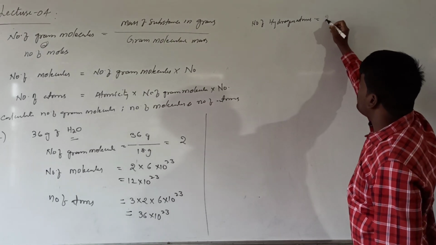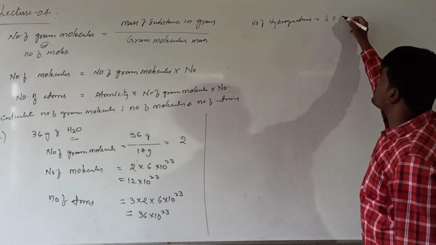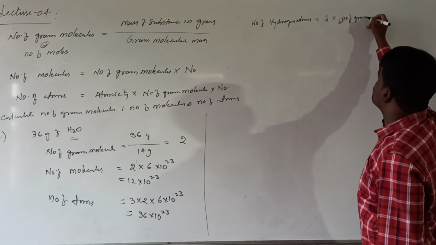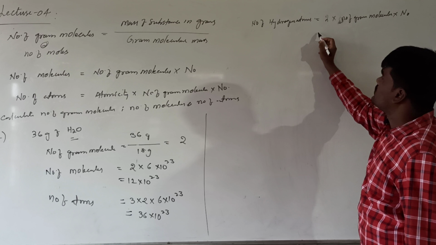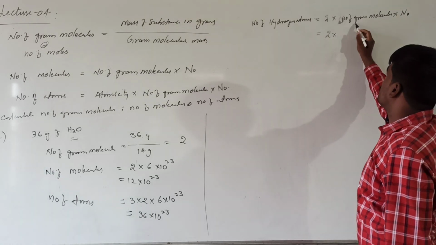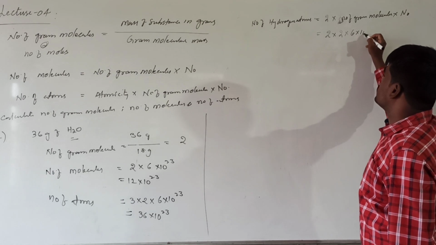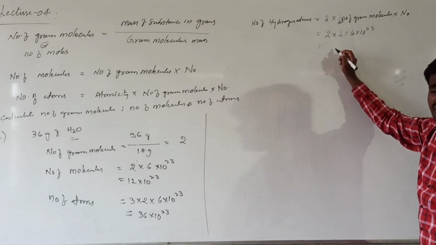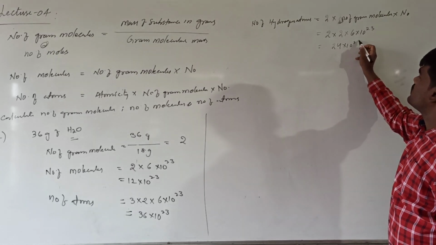So, number of hydrogen atoms in one molecule of water into number of gram molecules into Avogadro number. So, 2 into how many gram molecules? 2. And what is Avogadro number? 6 into 10 power 23. So, the number of hydrogen atoms will come to 24 into 10 power 23.